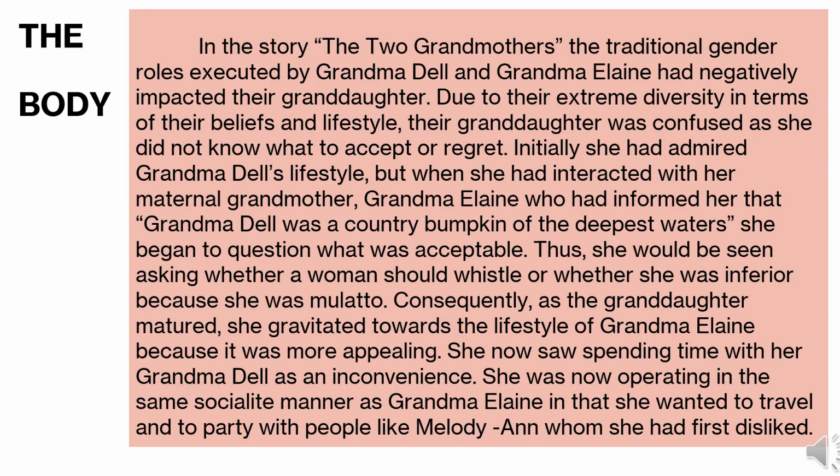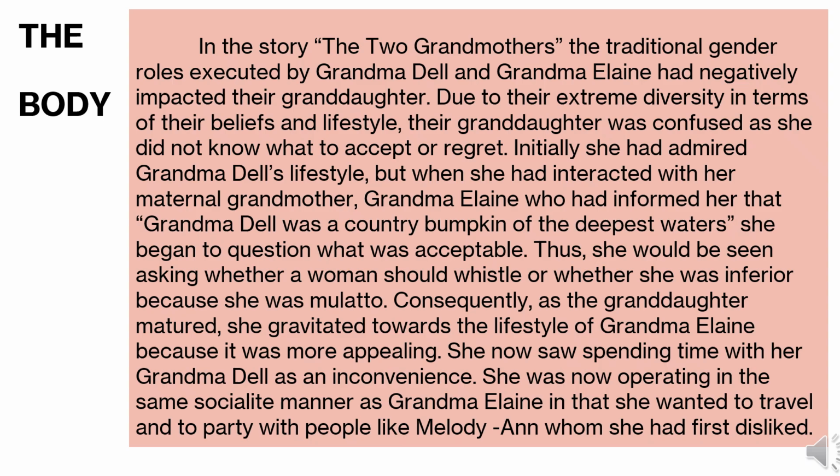Initially, she had admired Grandma Dell's lifestyle, but when she had interacted with her maternal grandmother, Grandma Elaine, who had informed her that Grandma Dell was a country bumpkin of the deepest waters, she began to question what was acceptable. Thus, she would be seen asking whether a woman should whistle or whether she was inferior because she was mulatto.